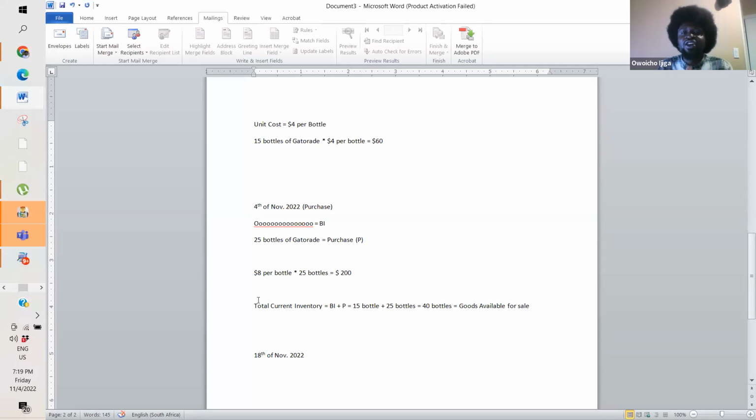So now I have 40 bottles available to sell, which includes 15 bottles of beginning inventory and 25 bottles of purchase on the 4th. That is what I have available to sell to my clients, right? So whenever you have the beginning inventory and you add it to purchase, it gives you the goods available for sale.